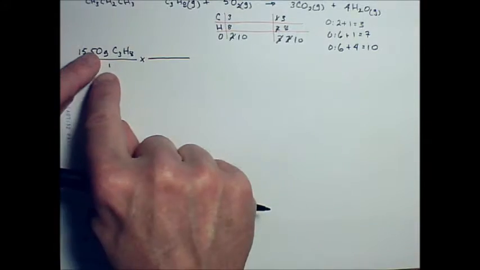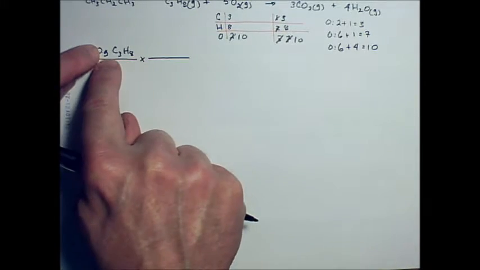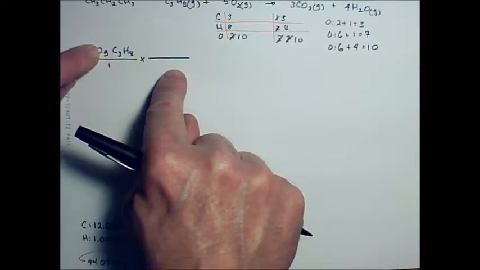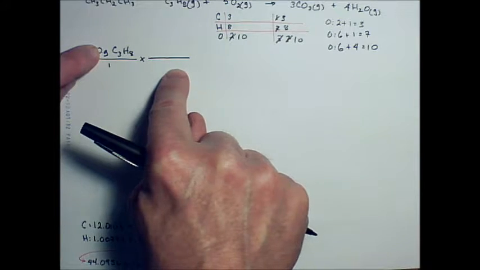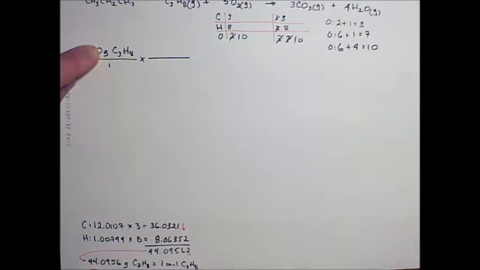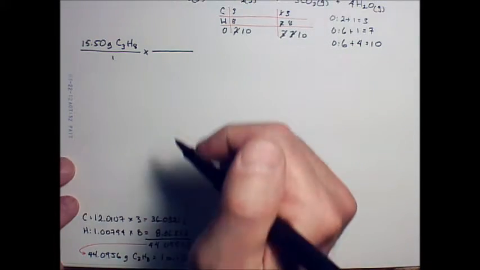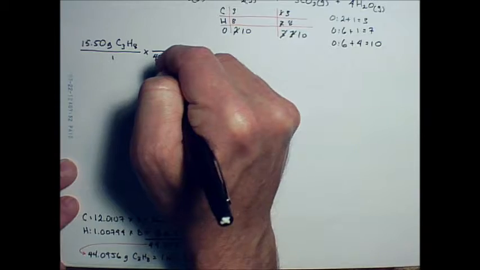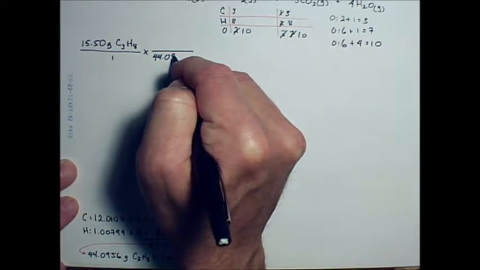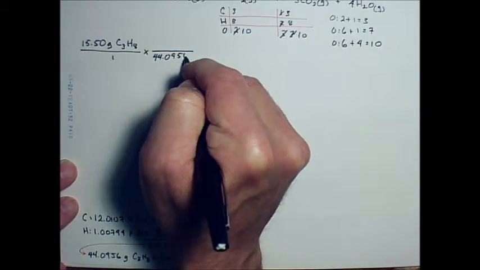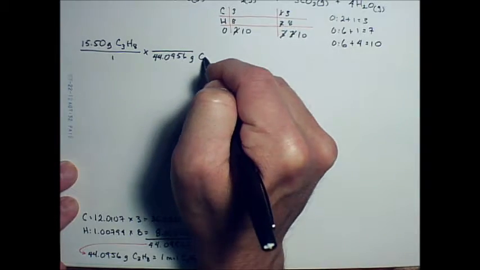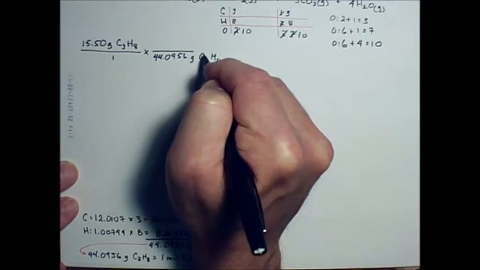What I want to do now is to match these units and species here in the starting amount on the bottom with this fraction. And in the equality statement down here, the side of the equality statement with the matching units and species is this side right here. And so I want to put that on the bottom, 44.0956 grams C3H8.